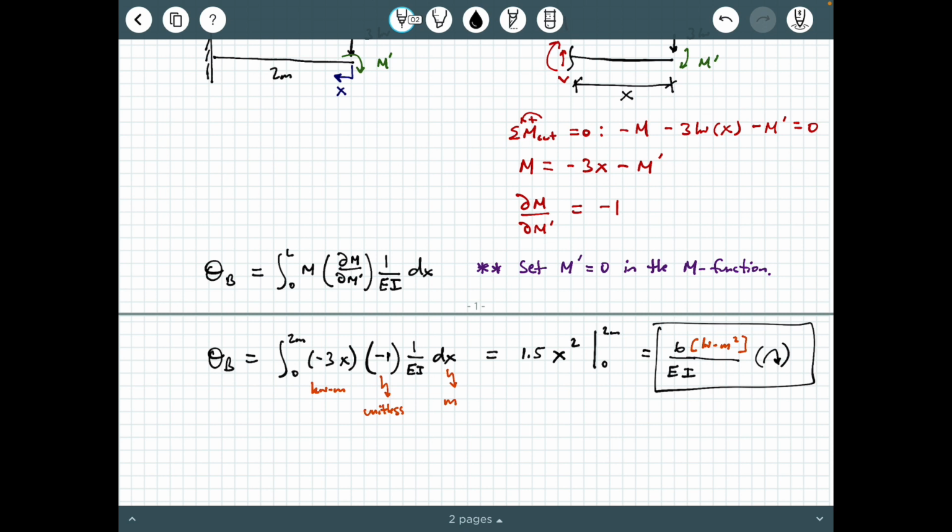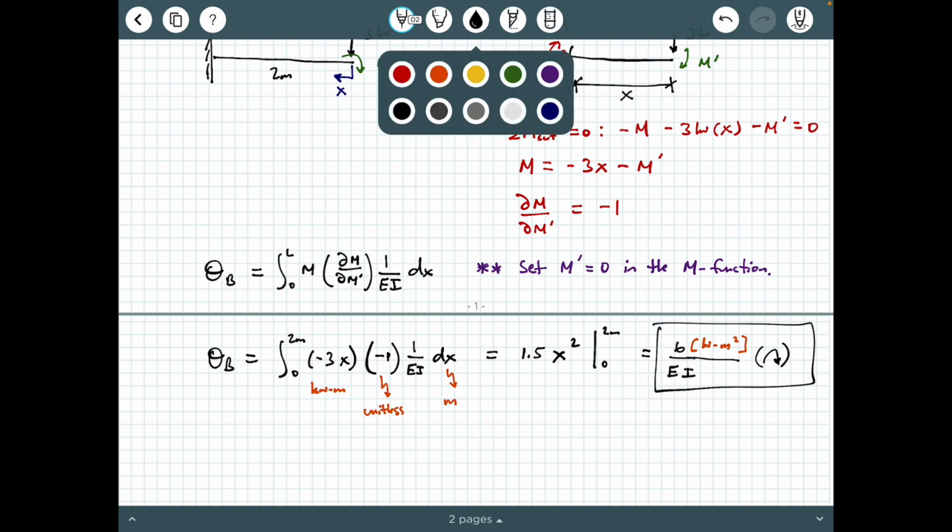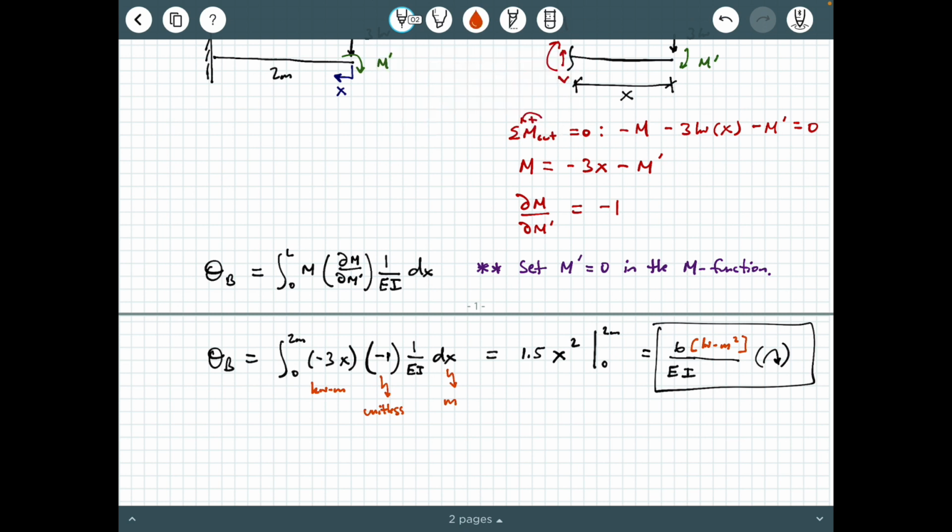Let's check this with a pre-derived formula. So I'm going to change colors here again. From a pre-derived formula, we can write theta B equals PL squared over 2EI.